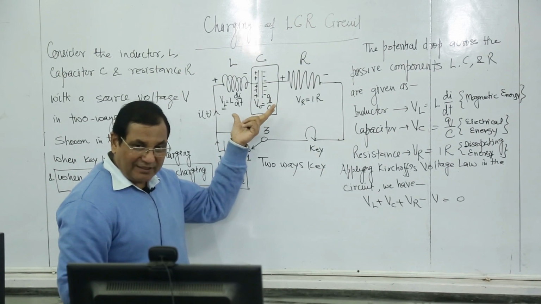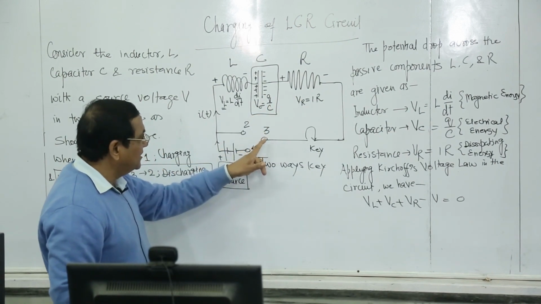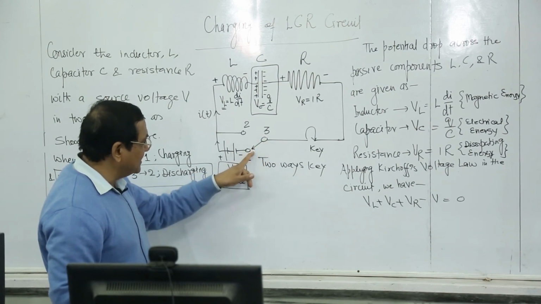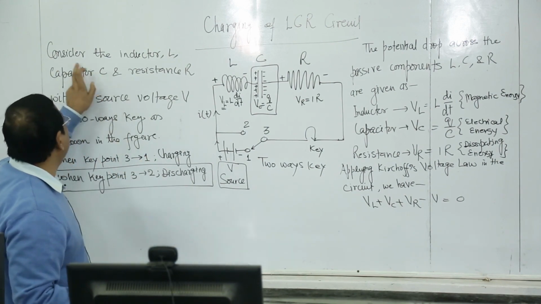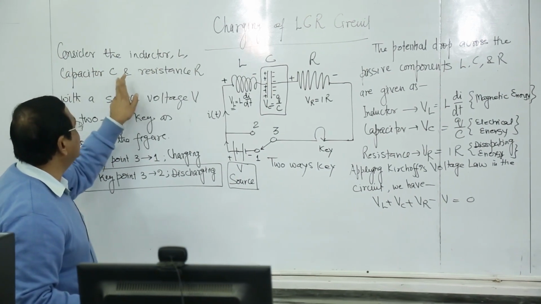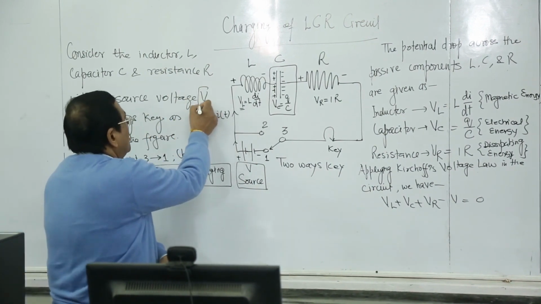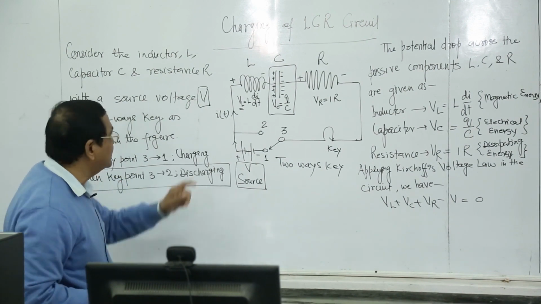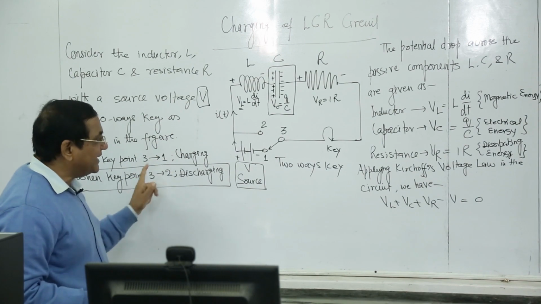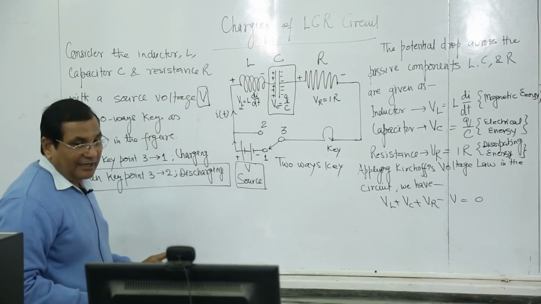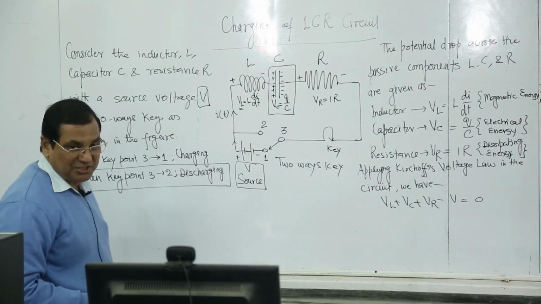These two are storing and this one is dissipating the energy when point 3 is connected to 1 in this circuit. The source voltage V supplies the energy, which is stored as magnetic energy in L and electrical energy across the capacitor.